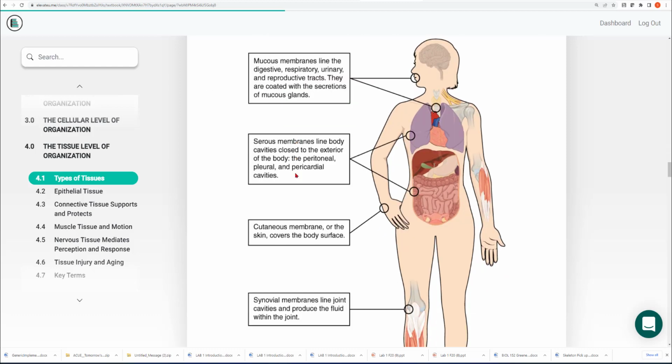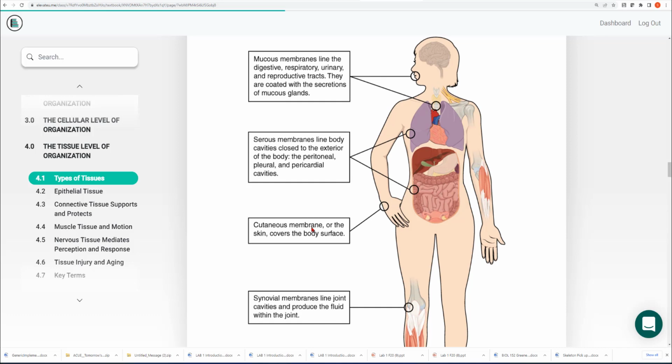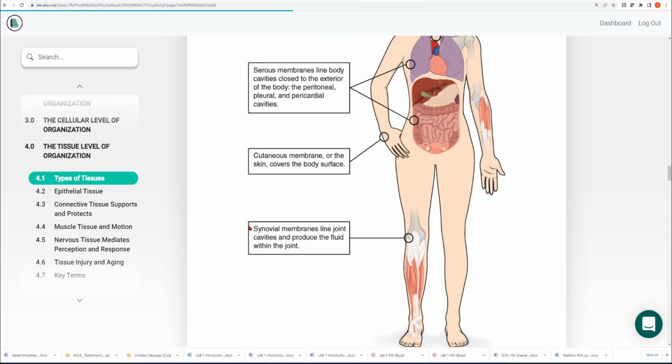In addition, there are the other two types of membranes. One, cutaneous membrane. That is simply a fancy name for your skin. Your skin that covers from head to toe all over your body, that is your cutaneous membrane. And lastly, there are synovial membranes. These are membranes that we will find later on in the course surround joint structures, for example, around the knee.